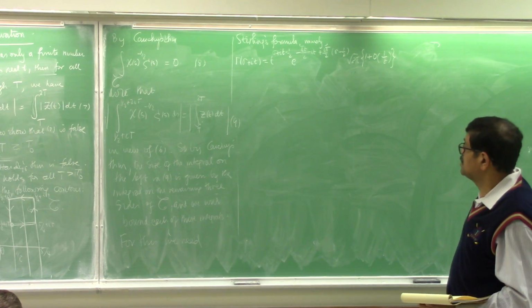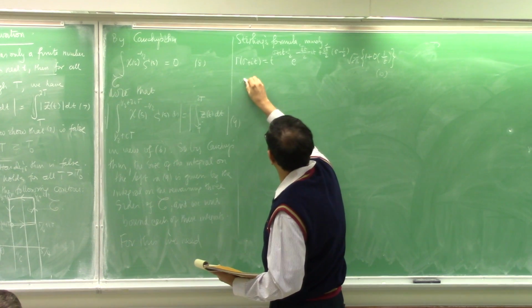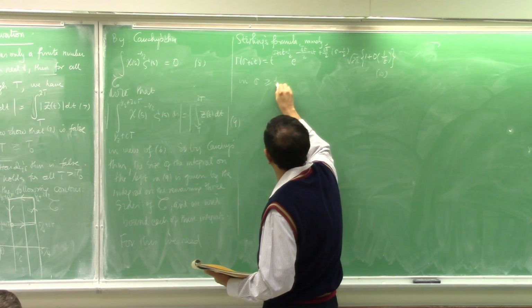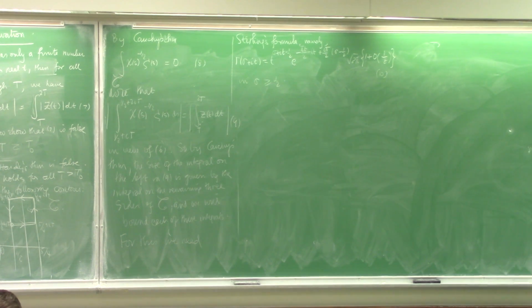And this holds for sigma greater than or equal to half. Okay. So this is Stirling's formula that I'm going to use.